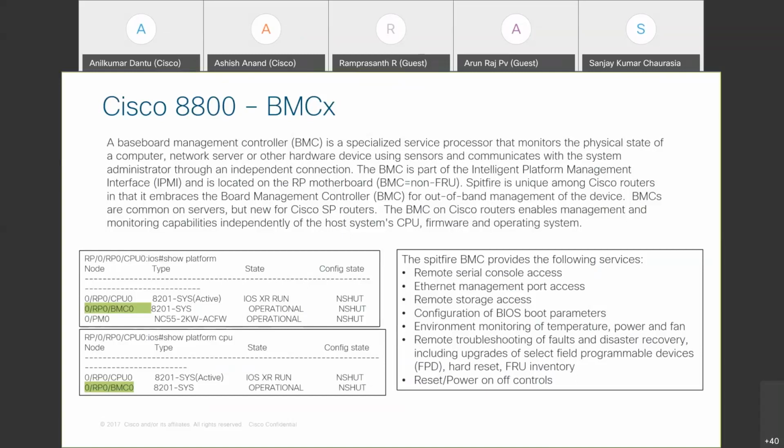Plus, in case the server is down and they want to reload or reset the server, because in a data center you have lots of servers, they can't afford to send a field engineer for resetting a server.